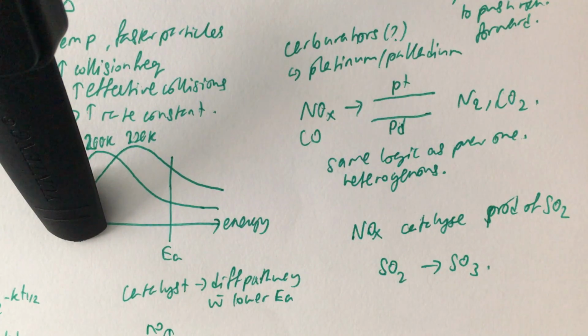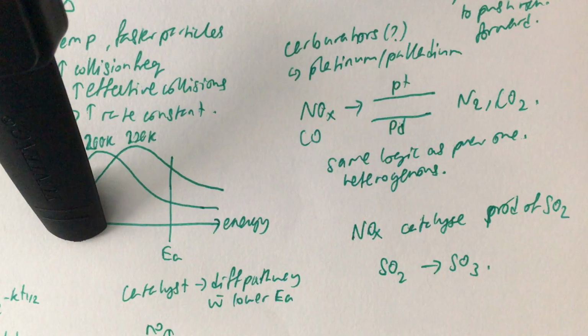But if it's written there in your notes, just look at the equations and figure it out yourself. But the idea is that it allows the sulfur dioxide to proceed through a pathway that involves NOx itself. So the sulfur trioxide will be formed much easier compared to without the NOx in place. So I think it does something with the ozone and all that as well. So I don't know. I have no idea.